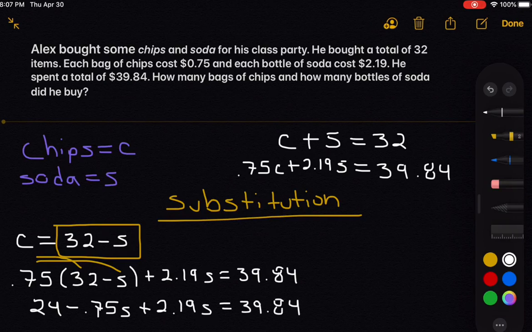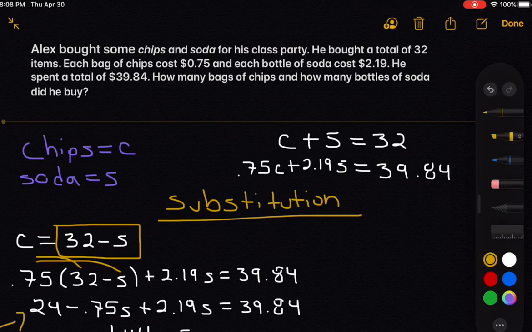Okay, now we're going to combine like terms. We can combine negative 0.75S plus 2.19S, which gives us 1.44S. And then we put the equal sign, and the 24 will be moved to the other side. So we're going to subtract 24 and move it to the other side.